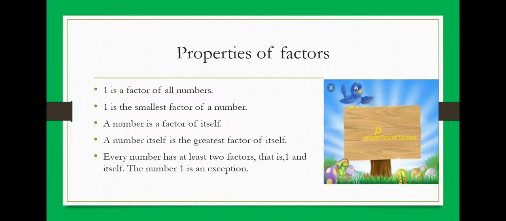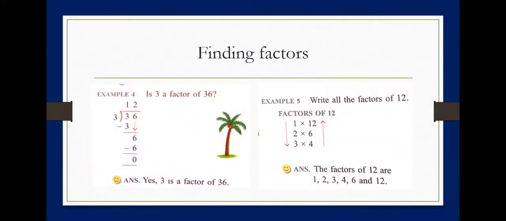Let us see the example. Already you have learned in the 4th class, so it is easy for you all. Finding factors. Example 4. Is 3 a factor of 36? This is a yes or no question. If that question is yes or no, we can use the division method.